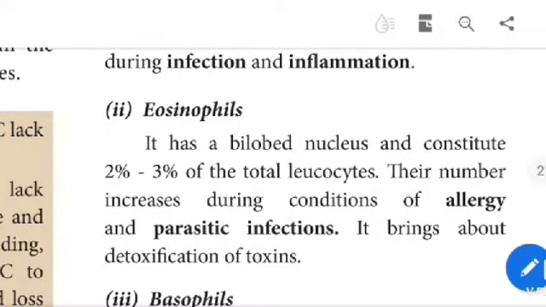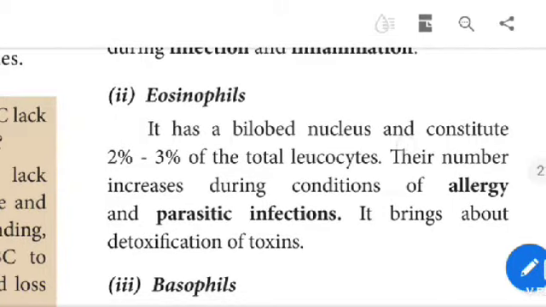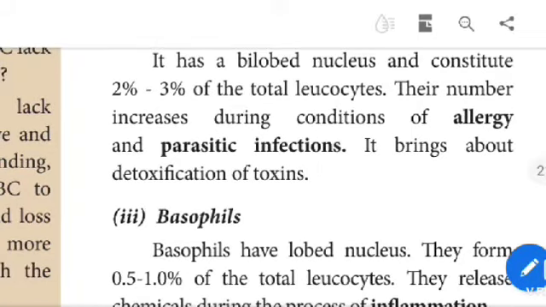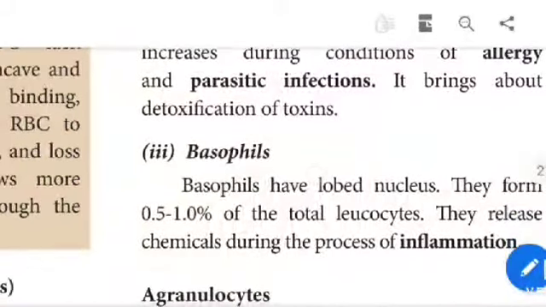Eosinophils have a bilobed nucleus and constitute 2 to 3% of total leukocytes. Their number increases during conditions of allergy and parasitic infection. They bring about detoxification of toxins.